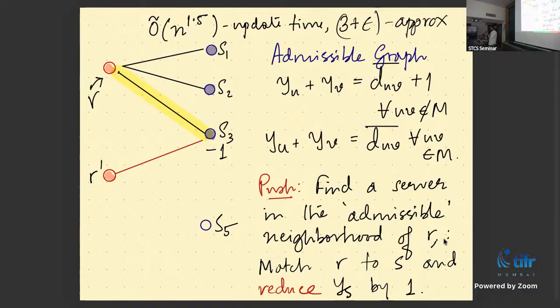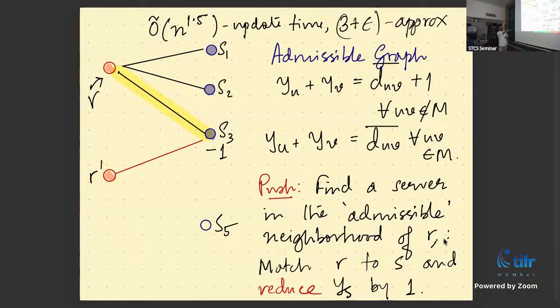Whenever you do this kind of greedy assignment, which is known as a push, you always decrease the dual of a server by 1. So you can charge the pushes to the decrement of the dual by 1. That's the underlying thing.